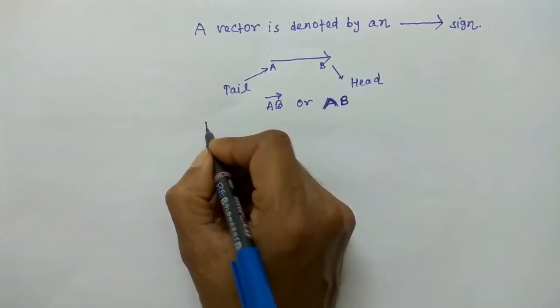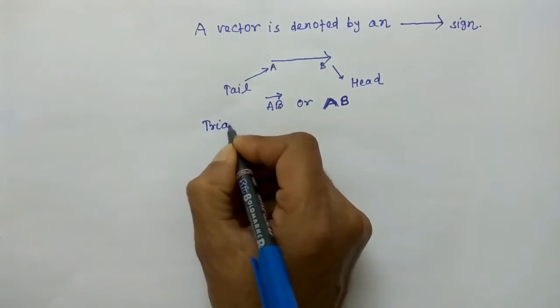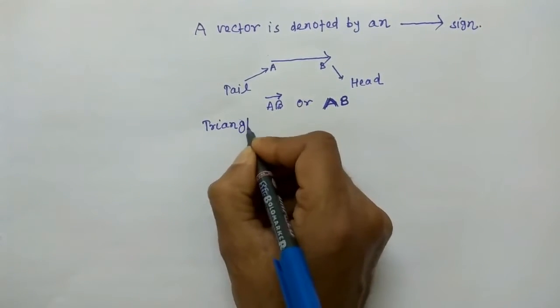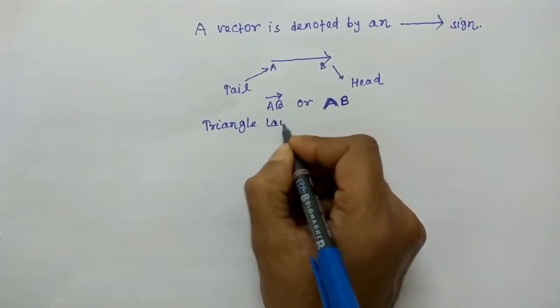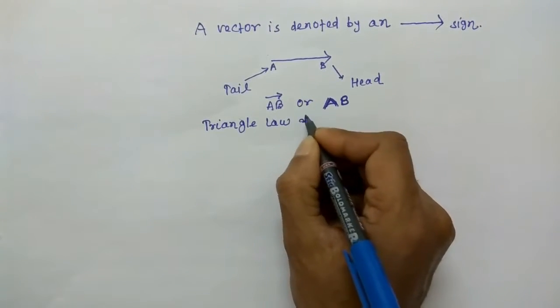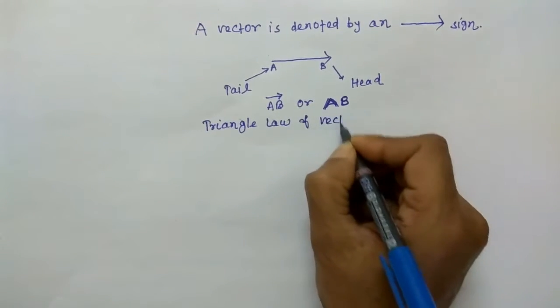Now, what is the triangle law of vector addition?